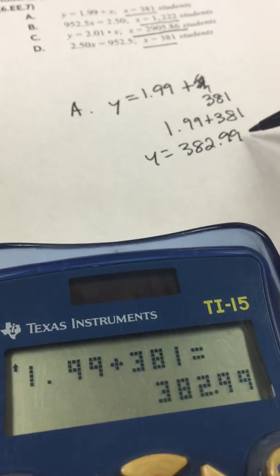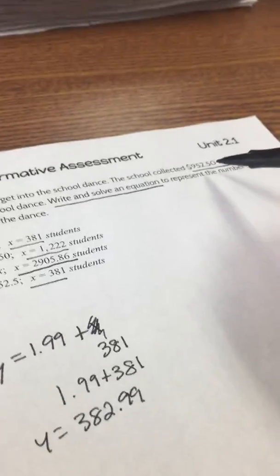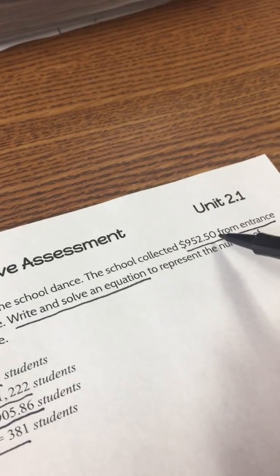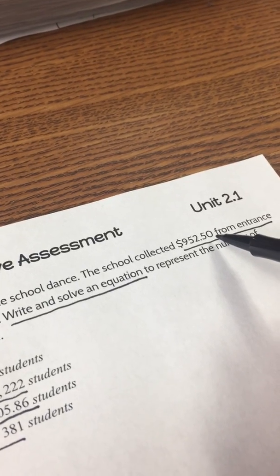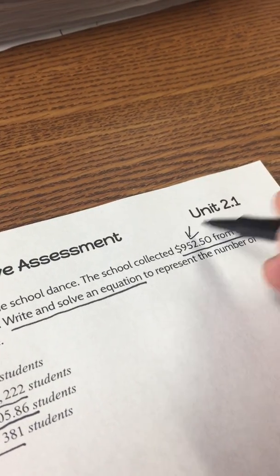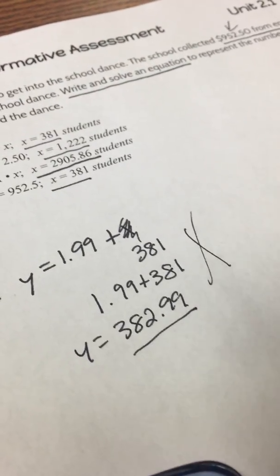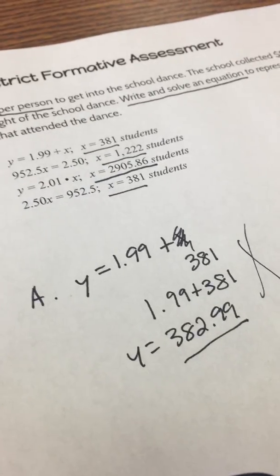Well, the 382.99 is not the amount that the school collected for all the students to get into the dance that night. They collected $952.50. Because this amount does not match that, this one cannot be correct. A cannot be a correct answer. Let's move on to the next one.